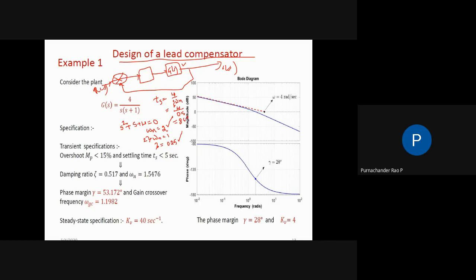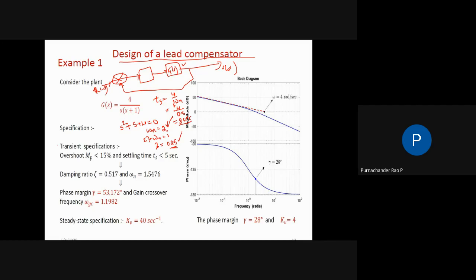So the settling time for the given system is 8 seconds. The natural frequency is 2 radians per second, and the zeta value is 0.25. These are the time domain specifications of the given system.